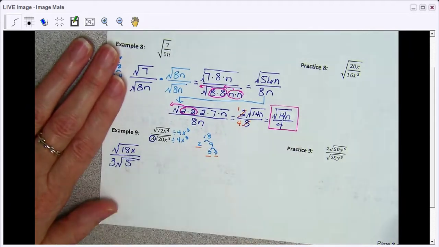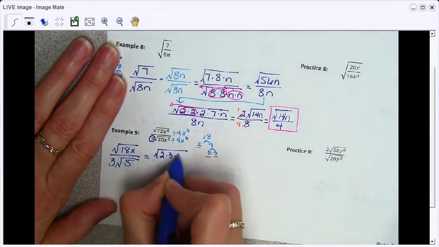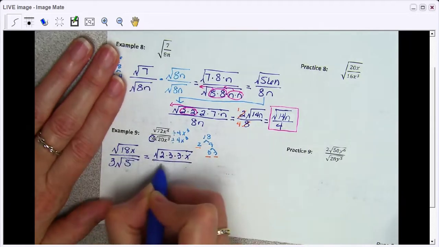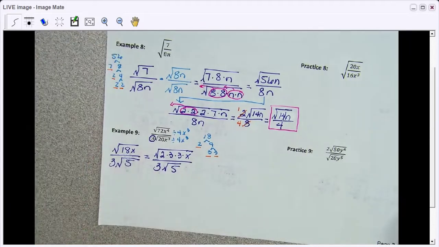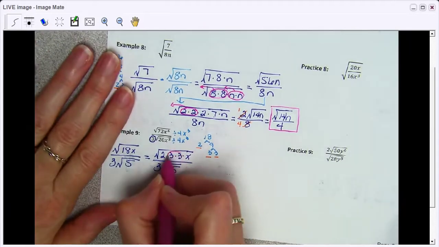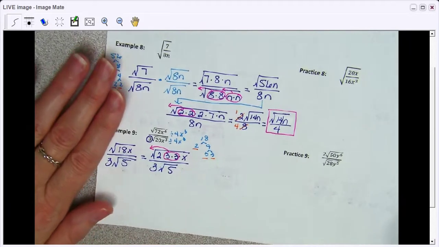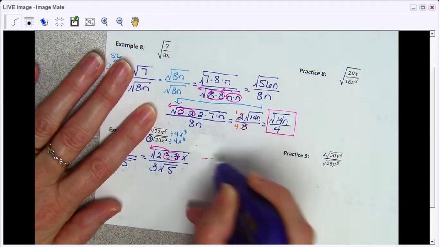So this equals the square root of 2 times 3 times 3 times x. We can't forget the x in there. All over the 3 square root of 5. Okay. Now I'm going to pull out my pairs from the top, and I can pull out a pair of 3s. Okay. And I'm going to get rid of this really quick because it's in my way.